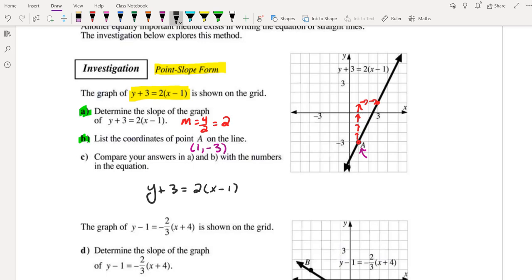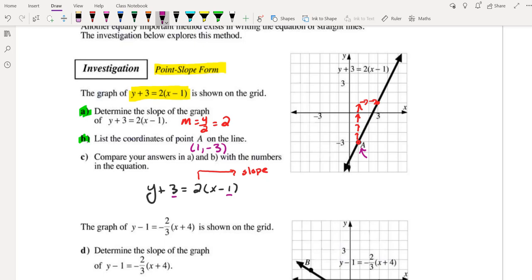While comparing them, this here is our slope, and it has the same value as our slope. Then these numbers shown here are very similar to what we said for point A, but not quite.